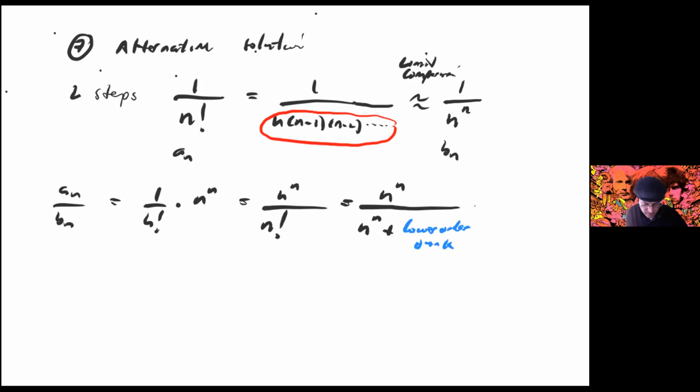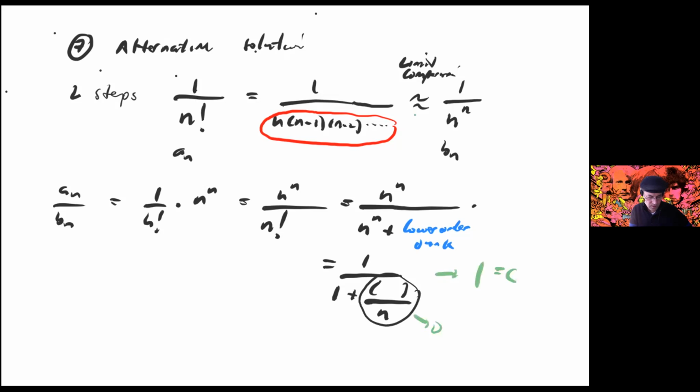If we divide top and bottom by n to the nth power, this becomes 1 over 1 plus something that goes to 0, because the lower order stuff is powers of n less than n to the n. So this tends to 1, which is our c. Therefore, by the limit comparison test, summation 1 over n factorial converges if and only if summation 1 over n to the n converges.